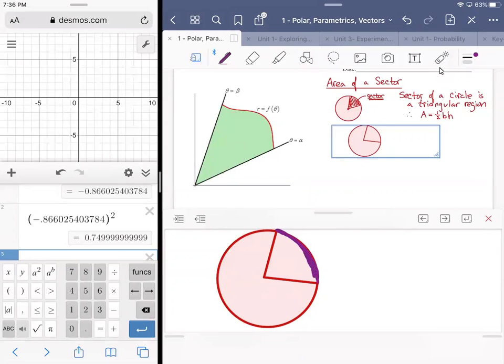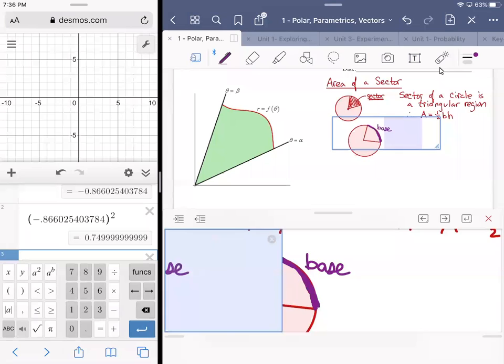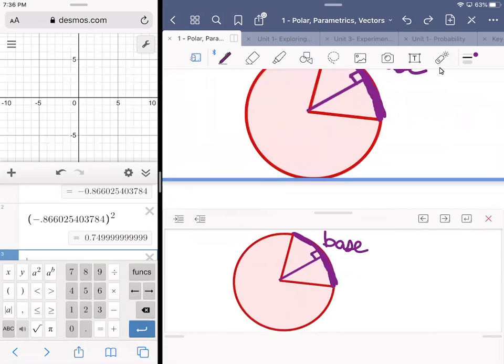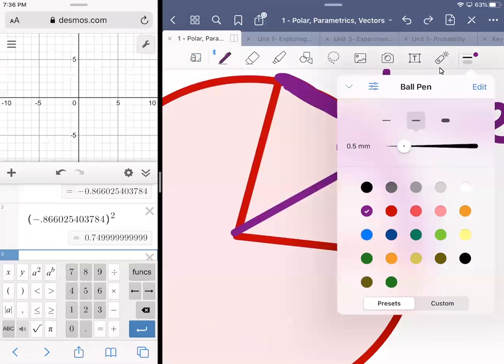Eventually it'll show up on the big screen, but that's the base. Now it's not a linear base, so that's going to make things a little weird, but the height, I'm just going to bring it in, extreme close-up.